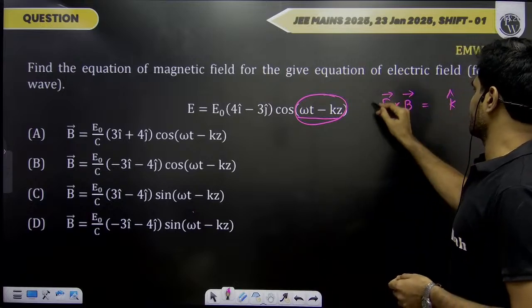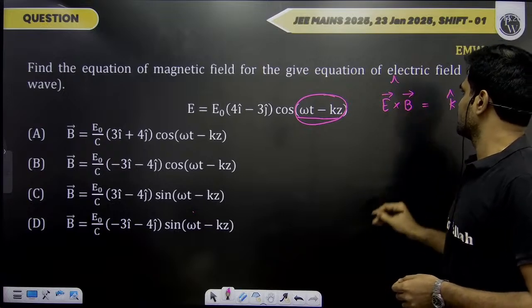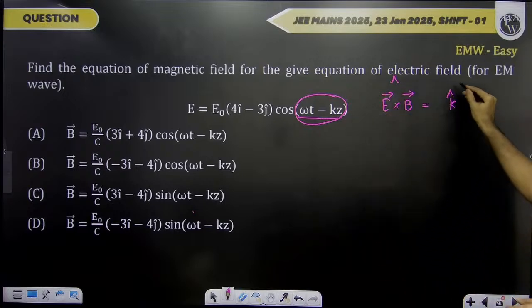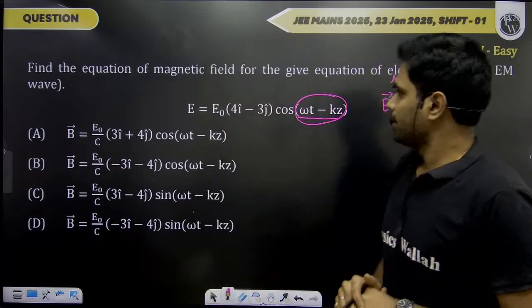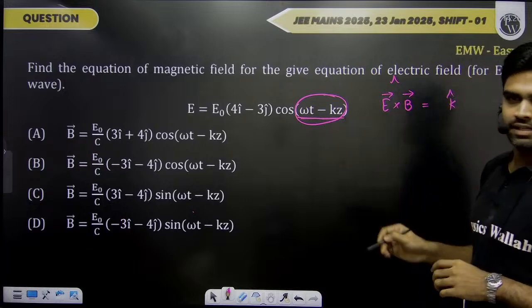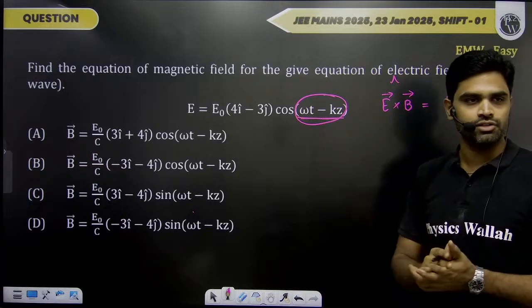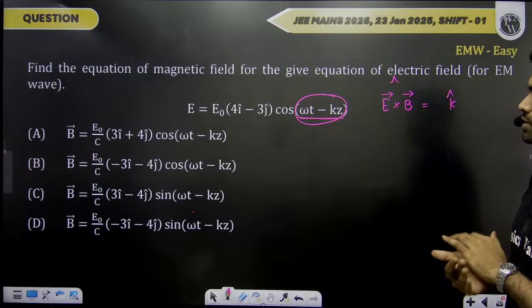So this E cross B unit vector should be k cap, because given is omega t minus kz, which is the equation of a wave traveling along the positive z axis.